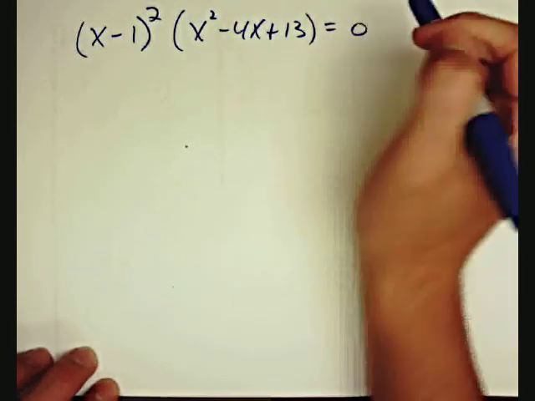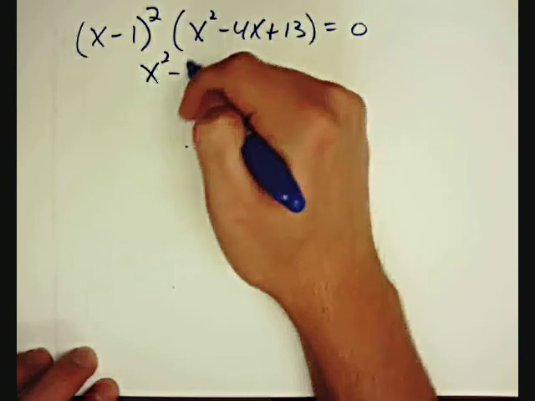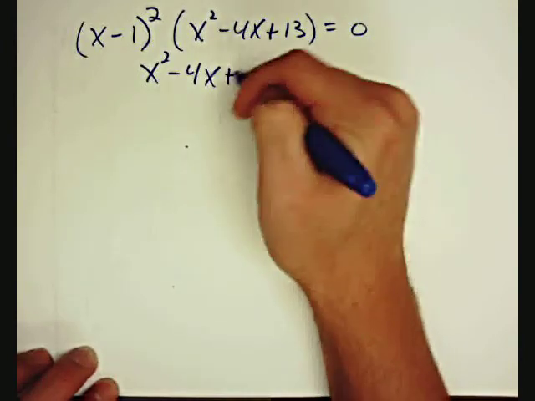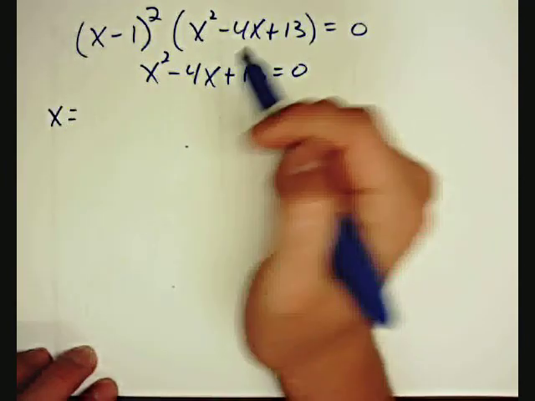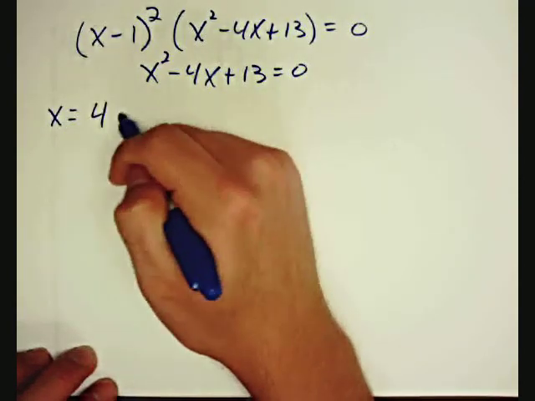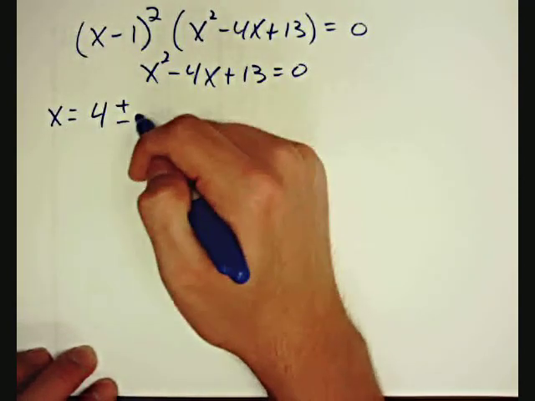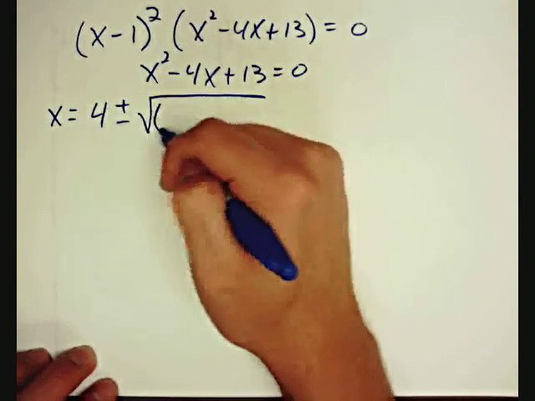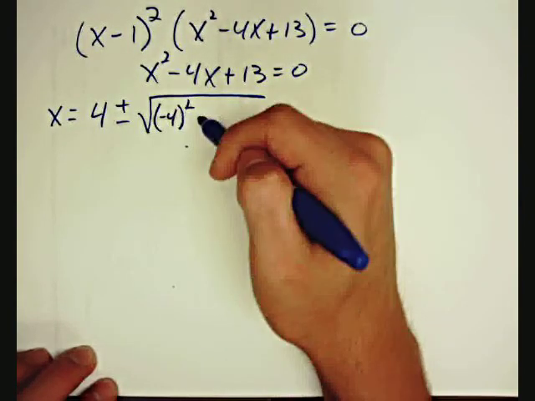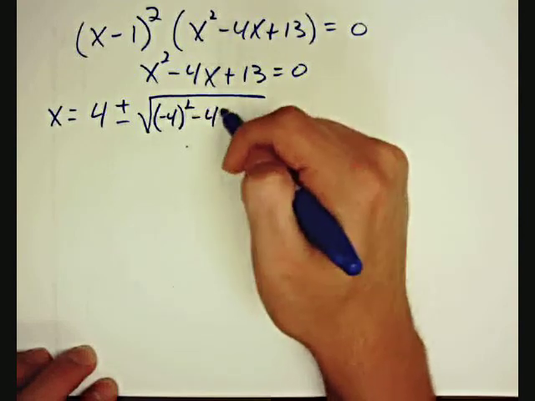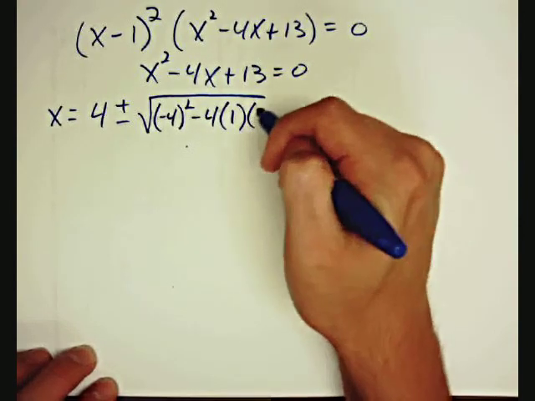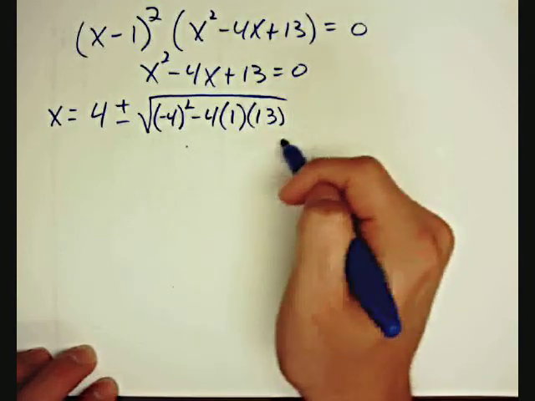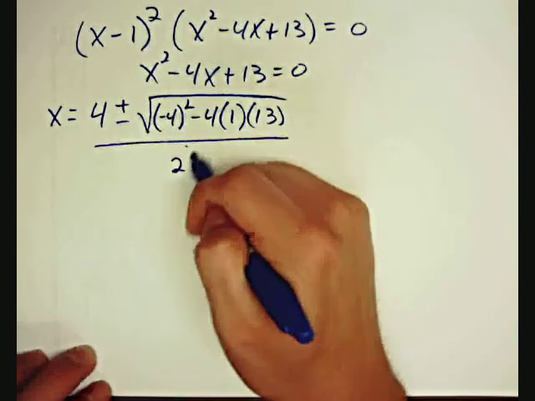So if I take my quadratic factor, set it equal to 0, and solve, we'll have x equals, opposite of b is positive 4, plus and minus the square root of negative 4 squared minus 4 times a times c, all over 2 times a.